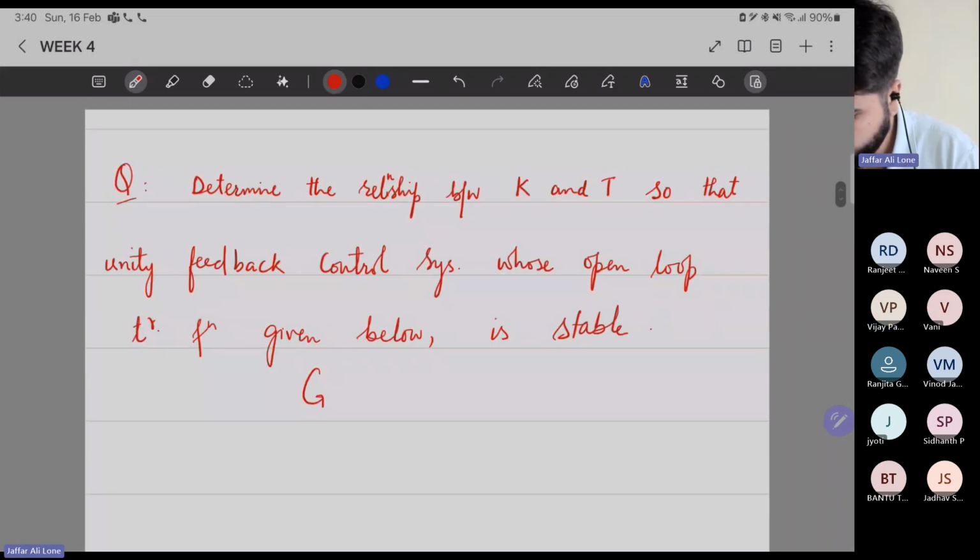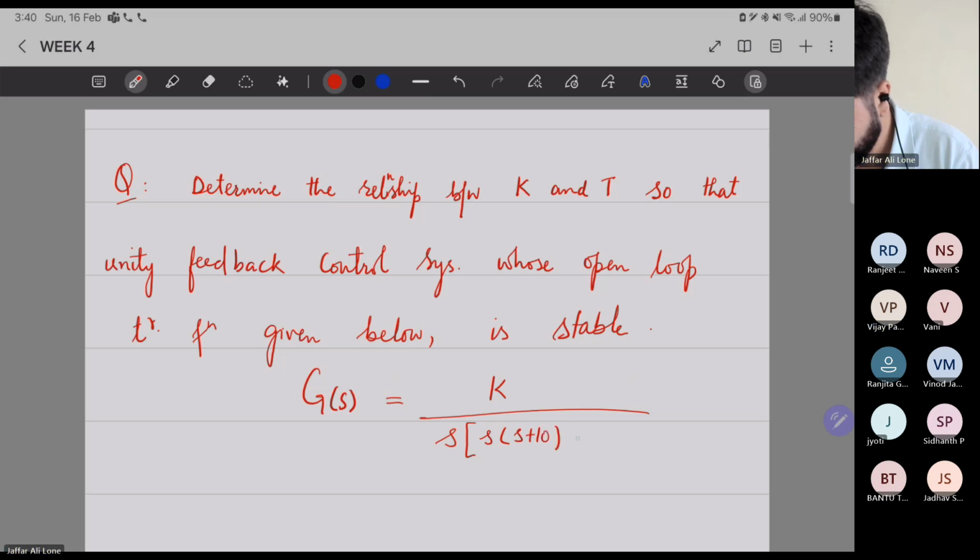What is the open loop transfer function? That is G of s is equal to k divided by s into s plus 10 plus t.